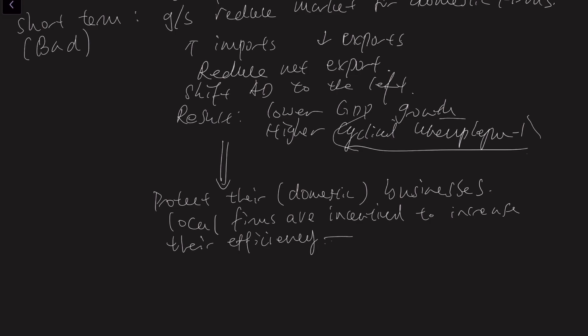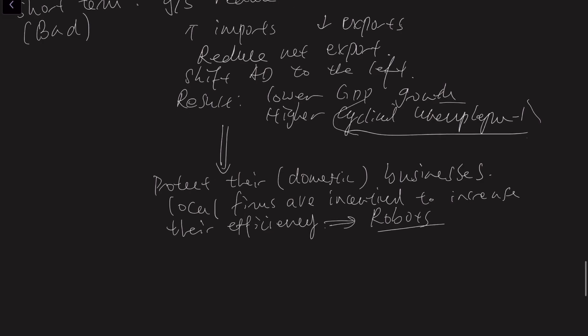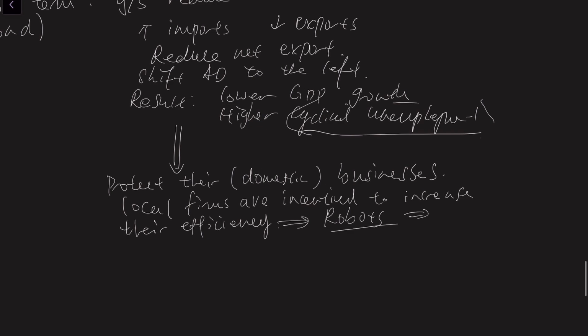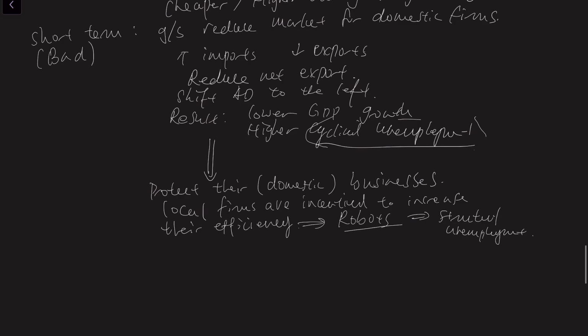So this can be done by, for example, using robots. But this can also cause some type of structural unemployment. Because human labor is replaced by robotics, some people may be permanently unable to find jobs that match their skill sets. So those types of unemployment are called structural unemployment.